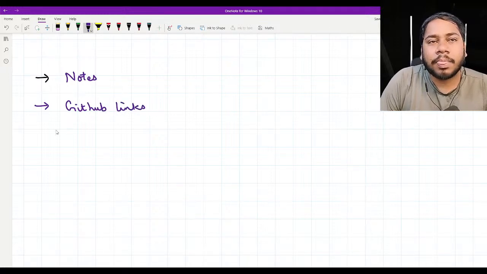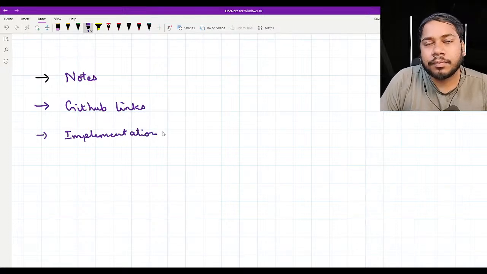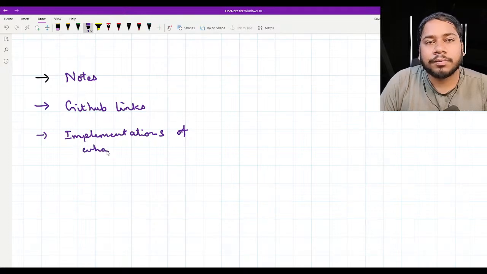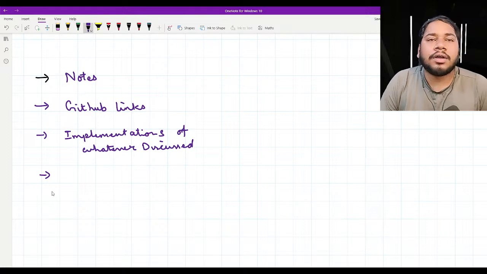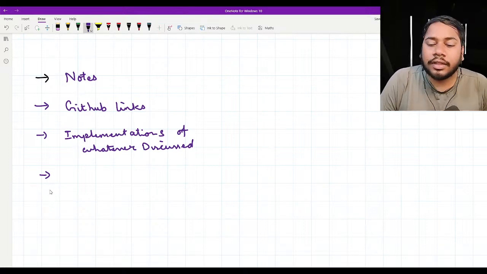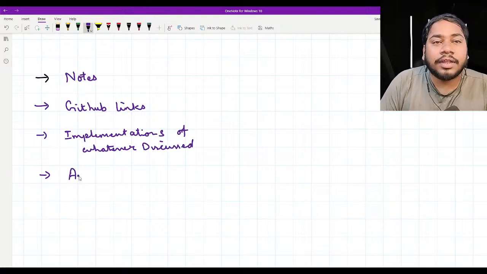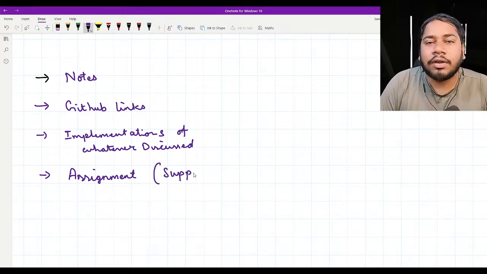You will get the implementations of whatever we have discussed in the class. And after that, notes. The main thing, you will get lots of assignments, guys, lots of assignments. And you will get support as well to solve these assignments.